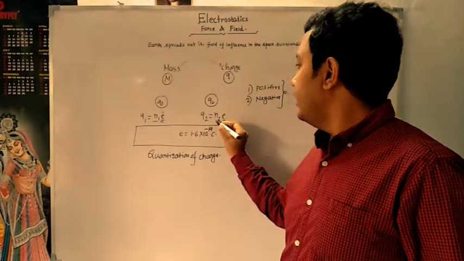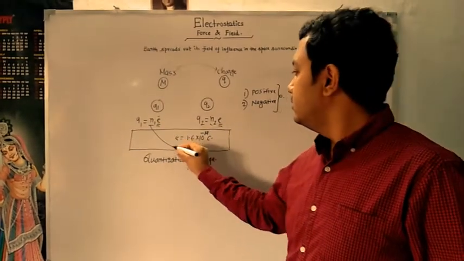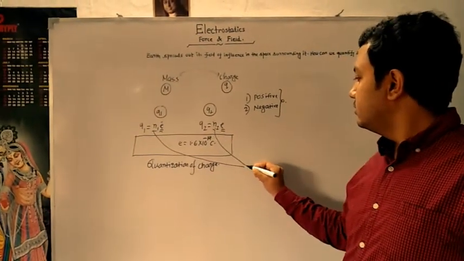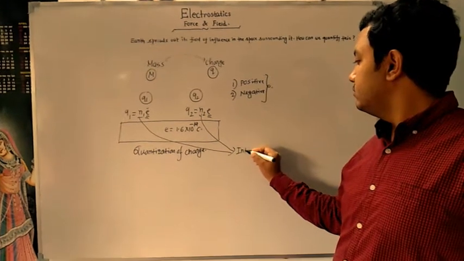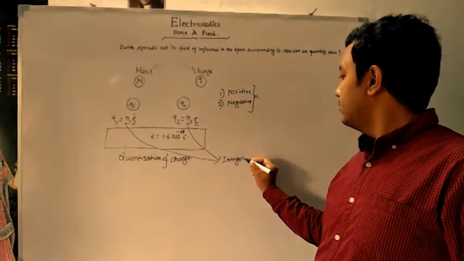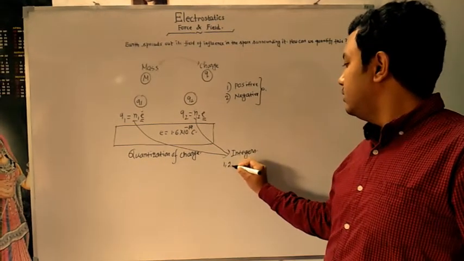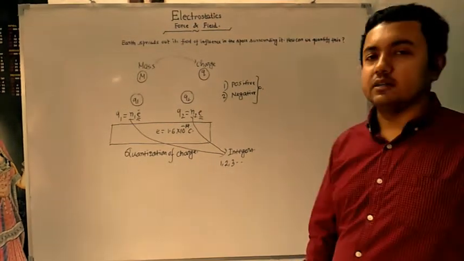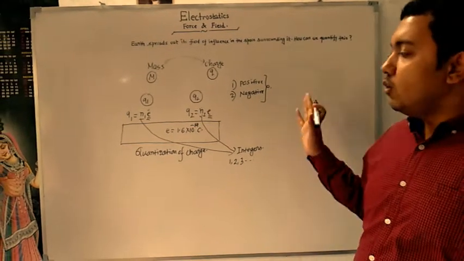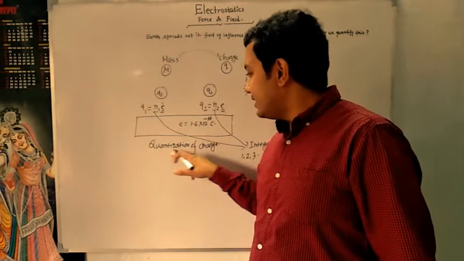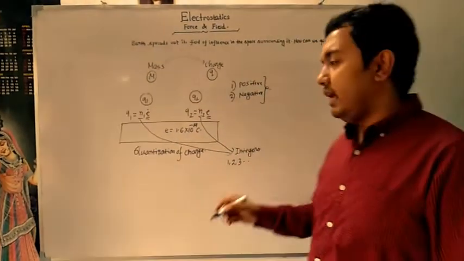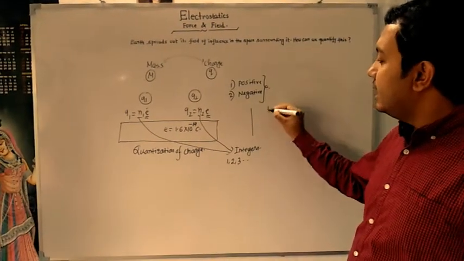Here N1 and N2 are integers, that is 1, 2, 3, etc. If we want to understand the term quantization, then we have to consider a ladder.